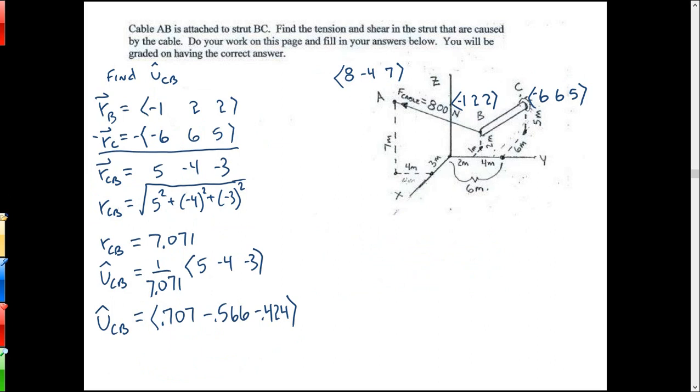All right, now we want to find UCB. Now I want a unit vector. I'm noticing that if I take the component of that force that goes in the direction of that line, it's going to do something like that, doesn't it? So that's why I'm going C to B, because that's in the same direction as that component of force.